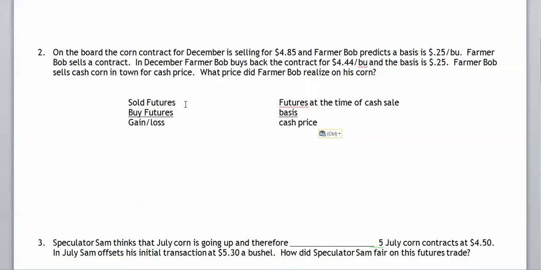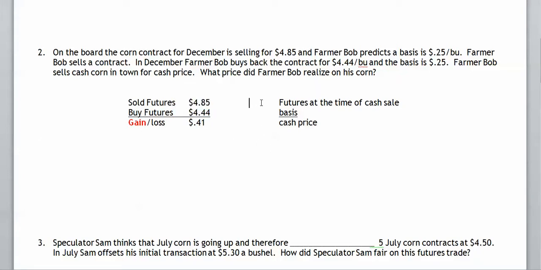Well, he sold futures at $4.85. He buys it back at $4.44. That's a gain of 41 cents. How do we know it gained? Because we bought lower than we sold it. We sold high and bought low.